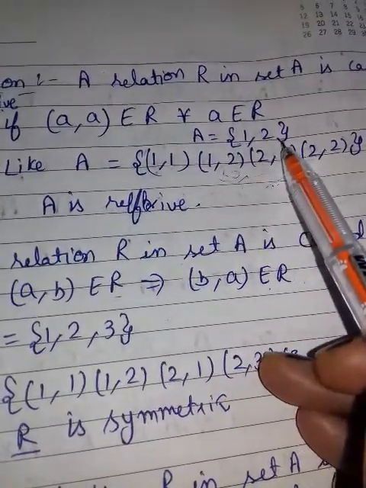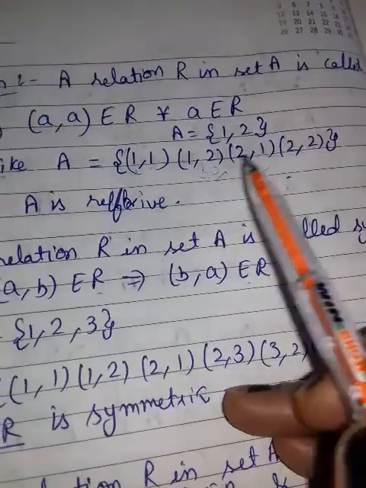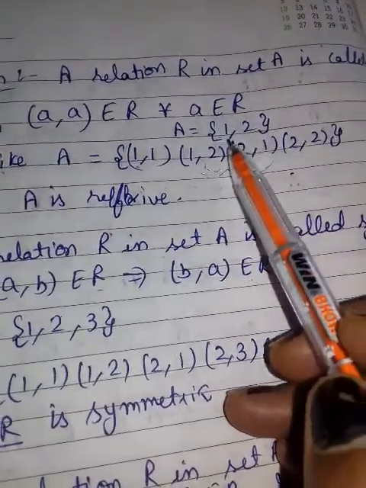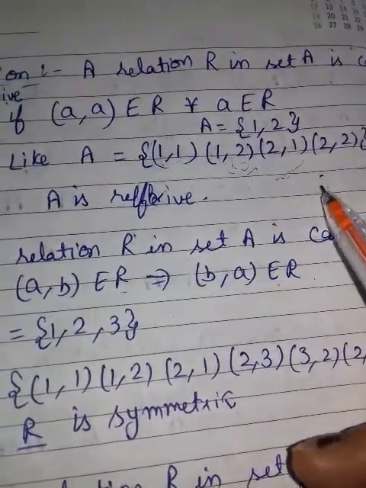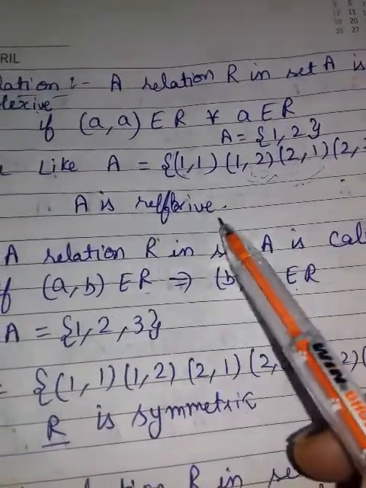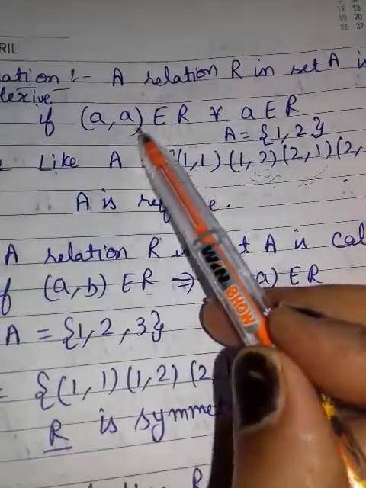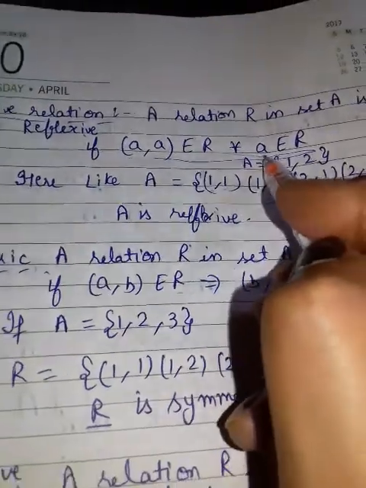How many elements are here? 2. 1 with itself, 2 also with itself. Any other element doesn't matter to us. If 1, 2, 3 are there, then 1 with 1, 2 with 2, 3 with 3, meaning each element with itself. This is called reflexive. I have written it also. You have to write it in this sense. This is the definition of reflexive.